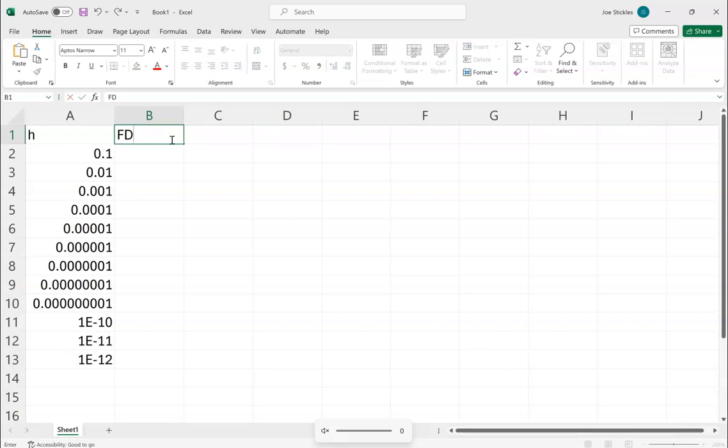Our forward difference would mean we're going to do f of 0 plus h, so in this case just f of h, right? And the function is e to the x, so I'm going to do e to whatever this is, minus 1, because that's the function value at 0, and then divide by the h value.